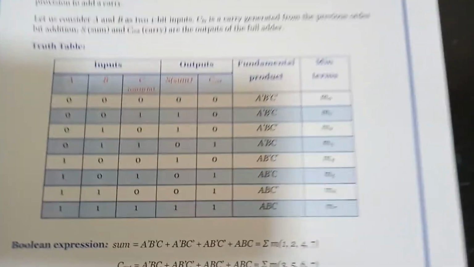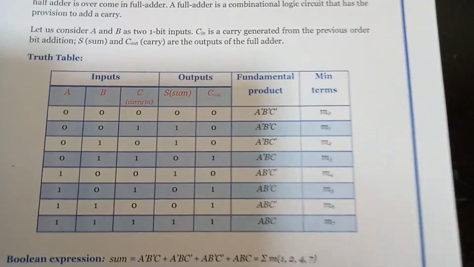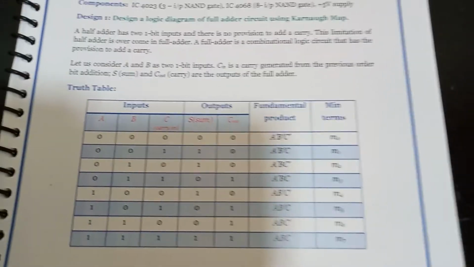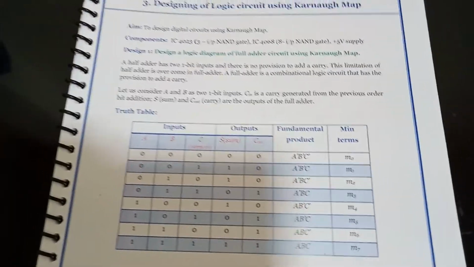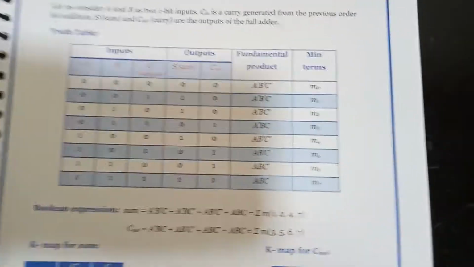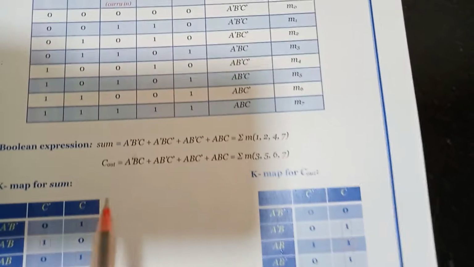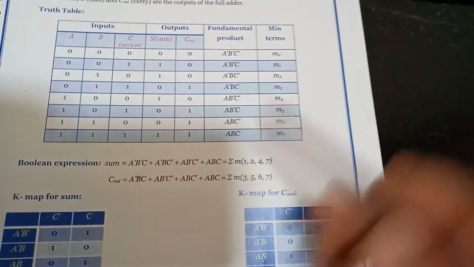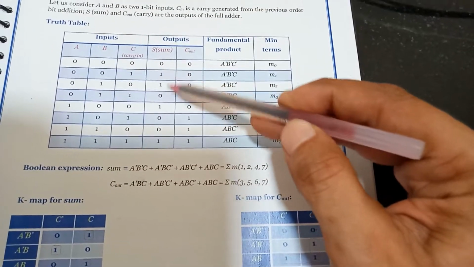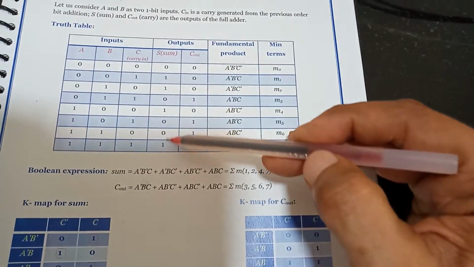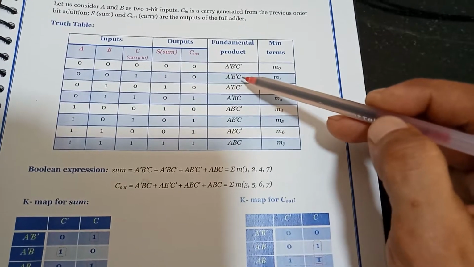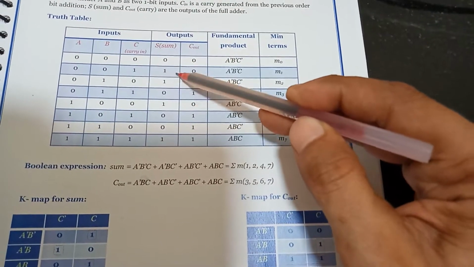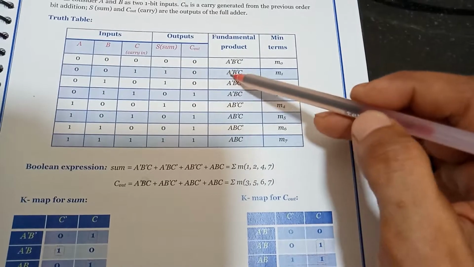Now if we want to make the Boolean expression, we can write the Boolean expression of sum as the addition of the fundamental terms corresponding to the ones in the summation.